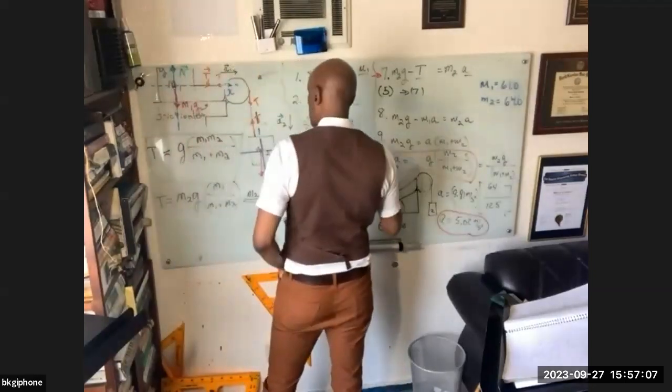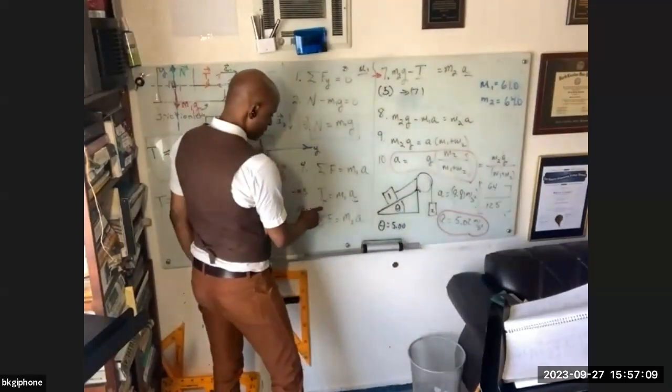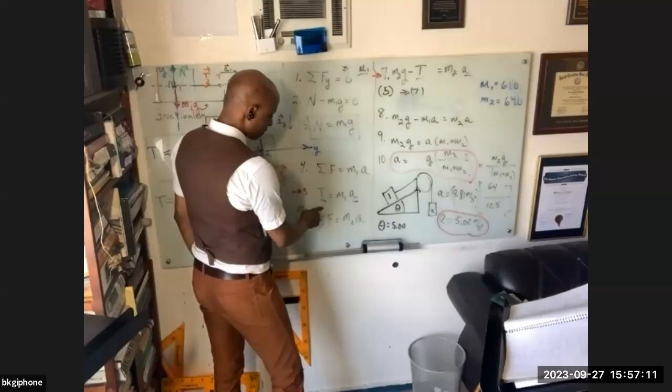I got one. How did you exactly get T is equal to G times M1 M2 over M1 plus M2? I substituted equation 10 into equation 5. Oh, I see. Okay, that makes sense.